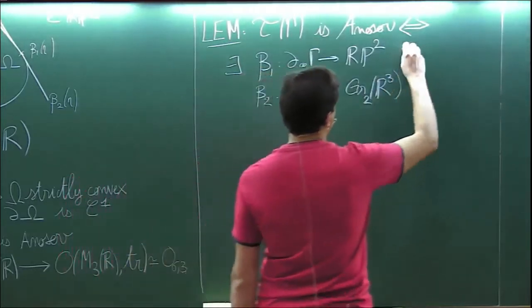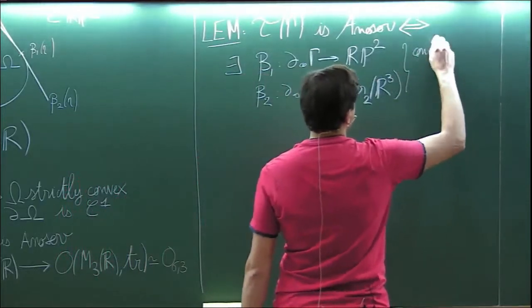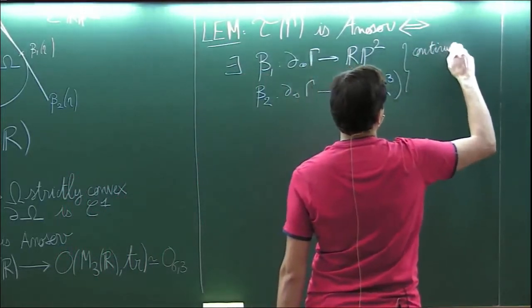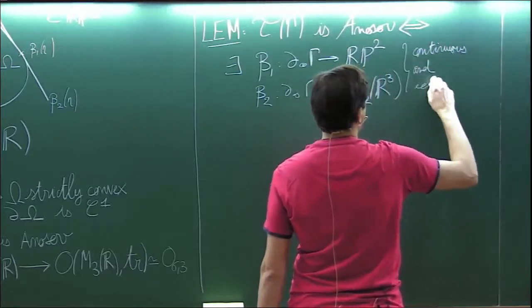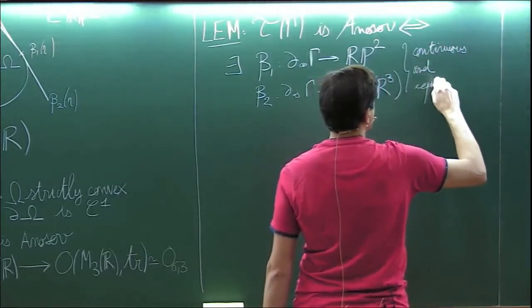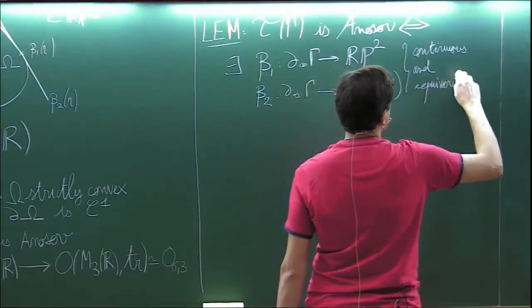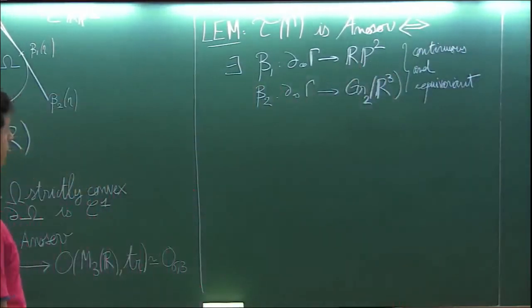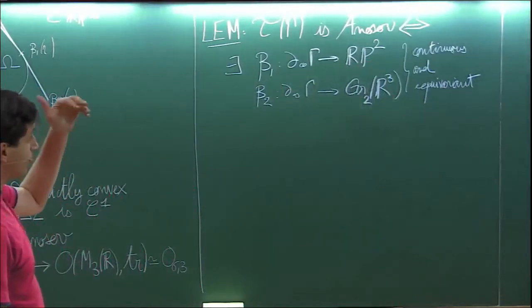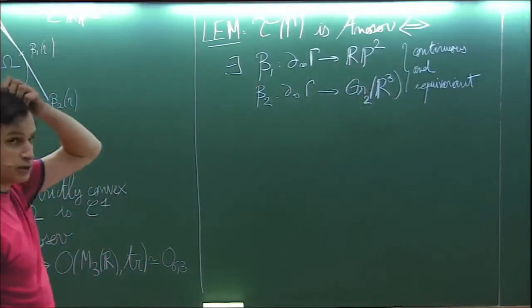Those maps are continuous and equivariant. And they satisfy a number of additional properties.